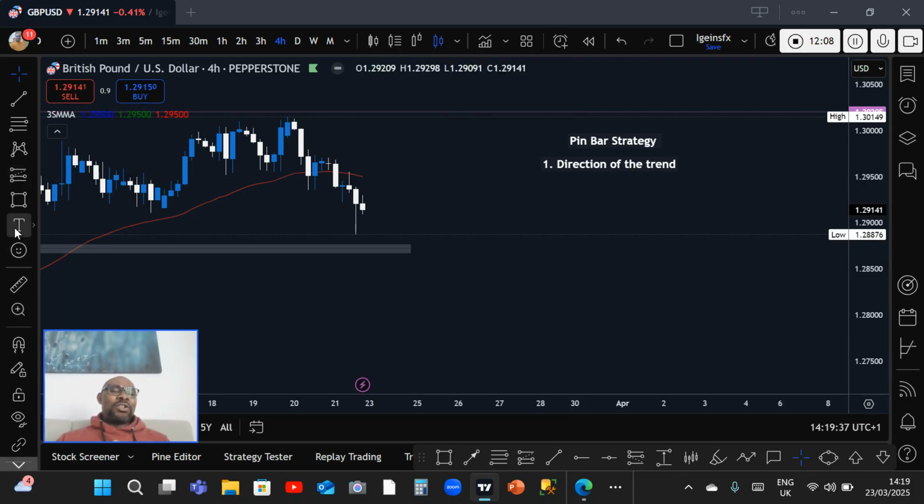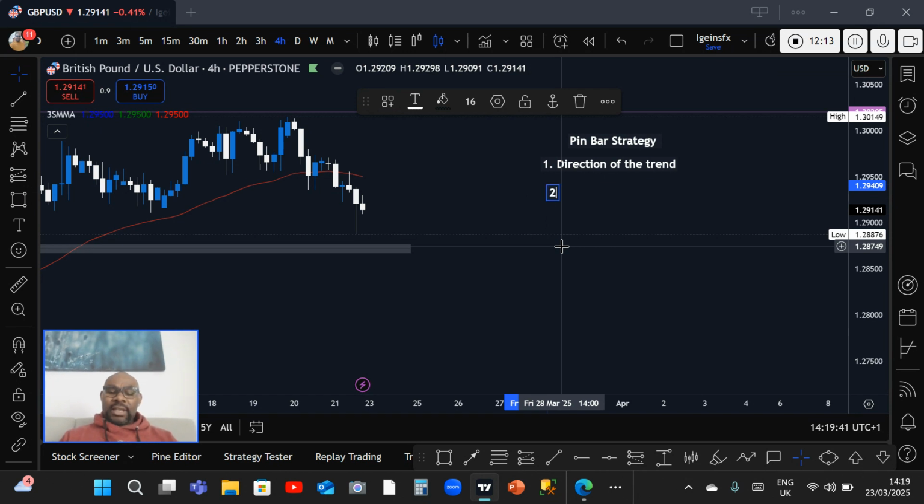Then the second thing that you need to take cognizance of is that you need to master the levels, the support or resistance levels.